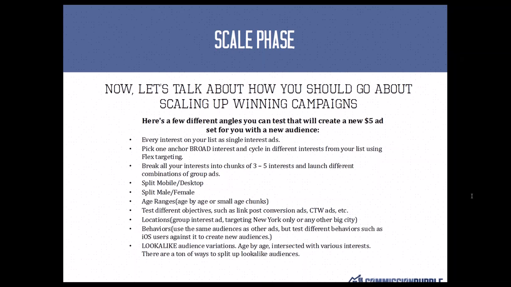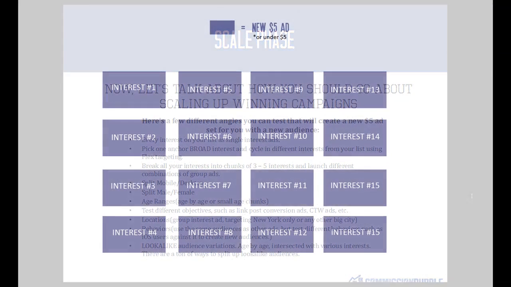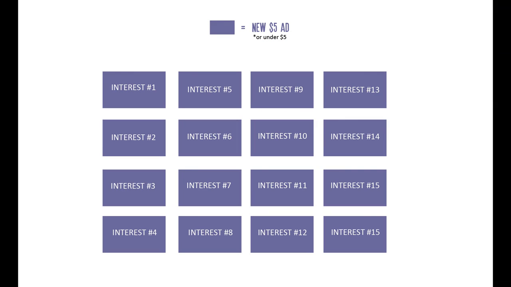So when you have that big list of interests, you can just test every interest on your list as single interest ads. However big your list is, that's however many ads you can launch as $5 assets.